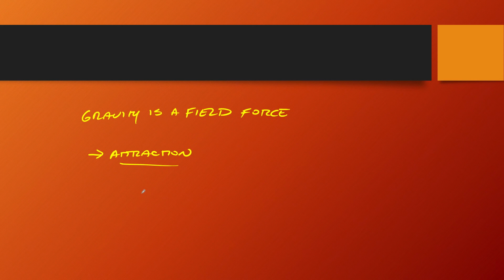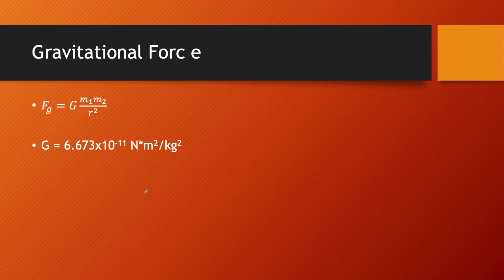Now, Newton figured out the equation for gravitational force, and the gravitational force is equal to this constant G, the gravitational constant, times M1 and M2, the two masses, divided by the distance between the two, squared.